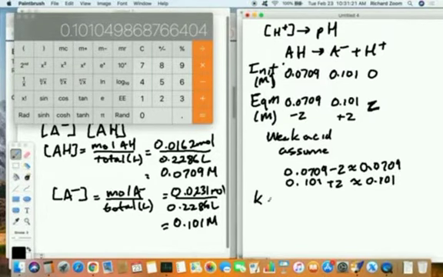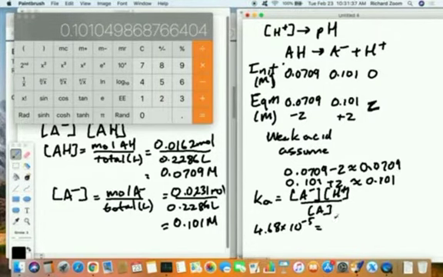Then we get the Ka, which is going to equal the A minus times the H plus over the AH. The Ka is 4.68 times 10 to the negative 5. The A minus 0.101. The H plus is what we're solving for, and that's over 0.0709.